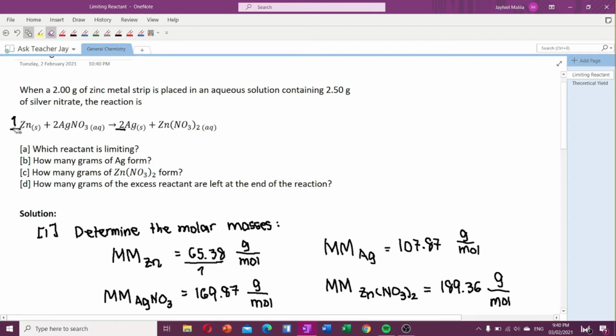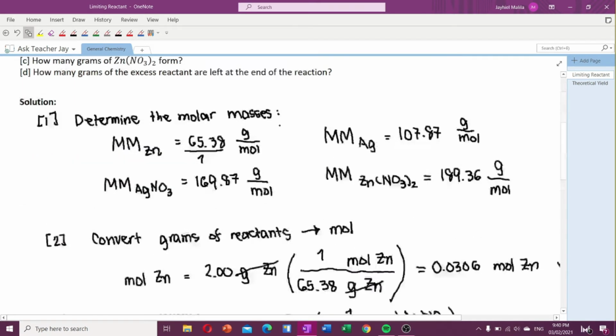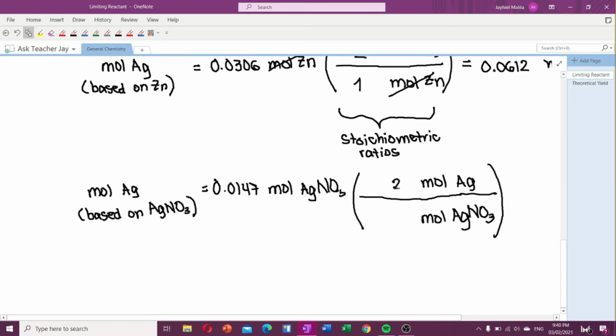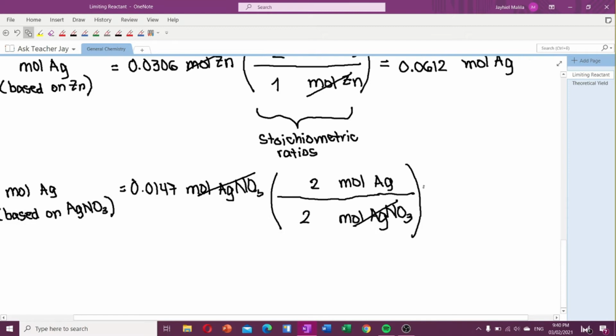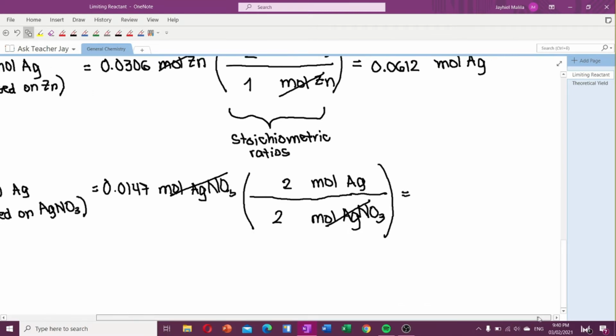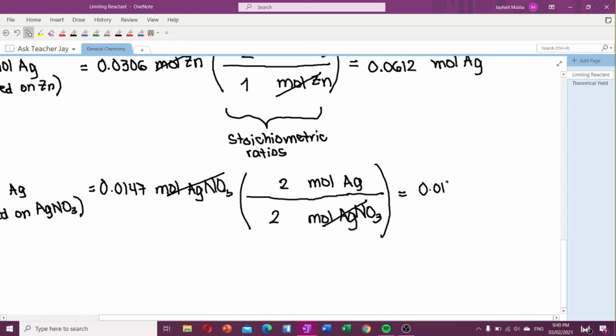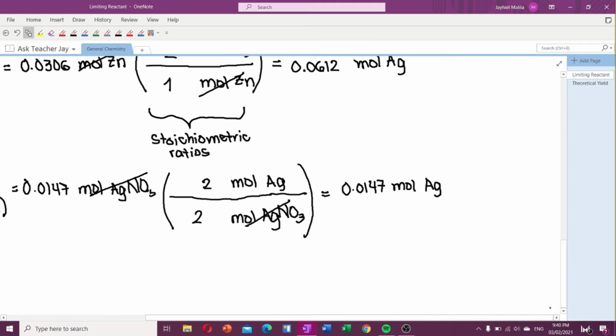With respect to Ag and AgNO3, as you can see here, for every 2 moles of AgNO3, you have 2 moles of Ag. So the ratio between them is 2/2. Cancel units. Since 2/2 is just equal to 1, then we can immediately write 0.0147 moles of Ag.